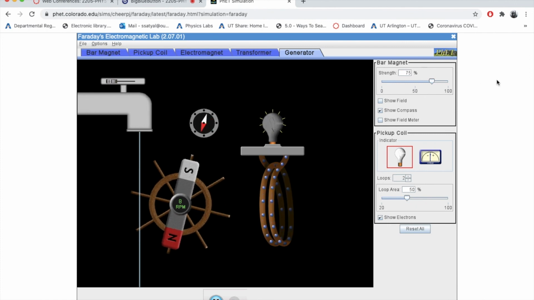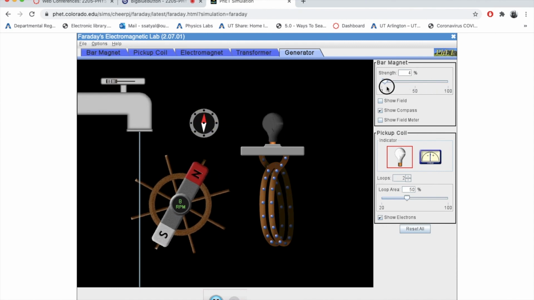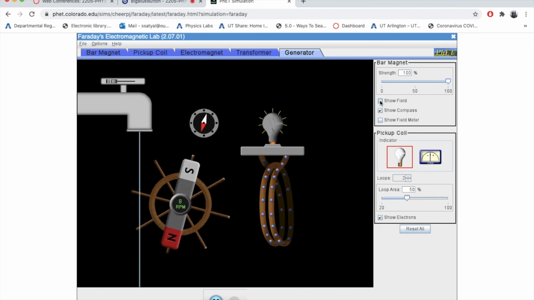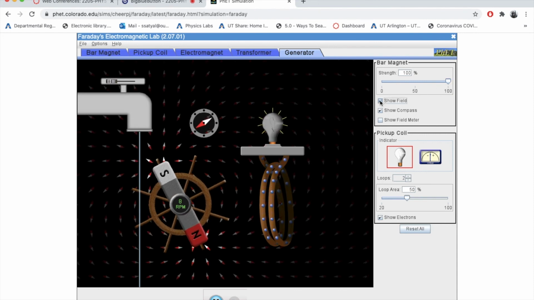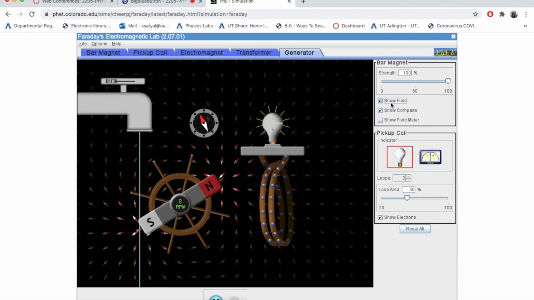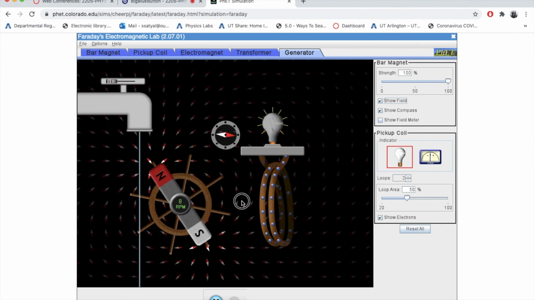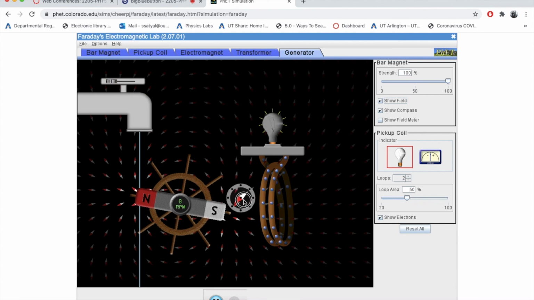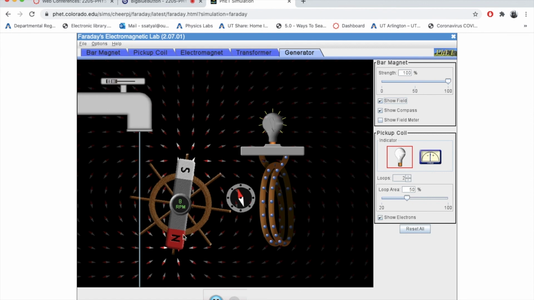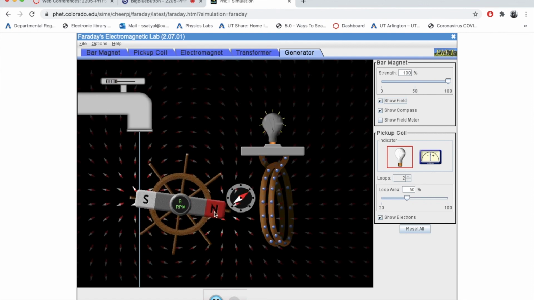And I can increase the magnetic field strength, lowest versus highest. So that's my highest magnetic field. I can enable the magnetic field display, because that allows me to see my magnetic field lines as they change due to the compass needle and the bar magnet here.